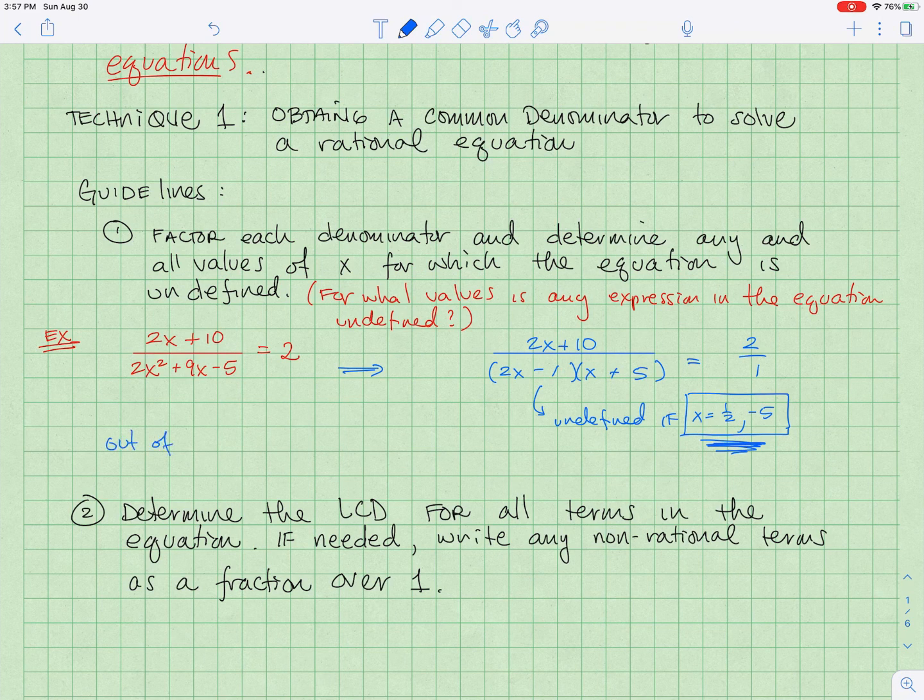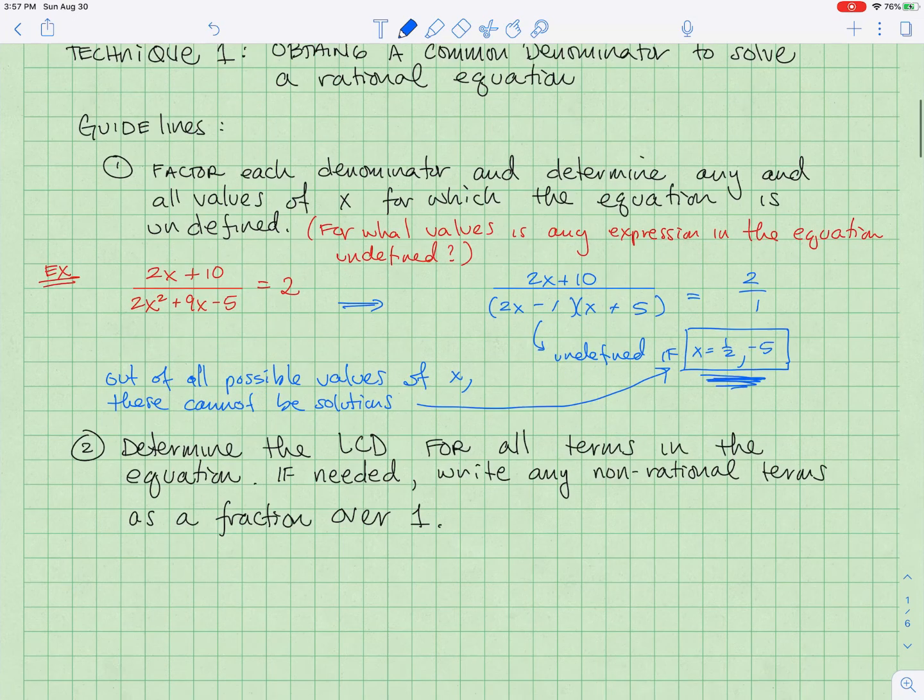Out of all possible values of x, these cannot be solutions. So we just keep those in the back of our mind, right? We don't want those numbers popping up because they'll make the left side undefined.